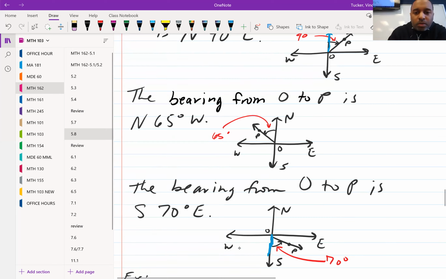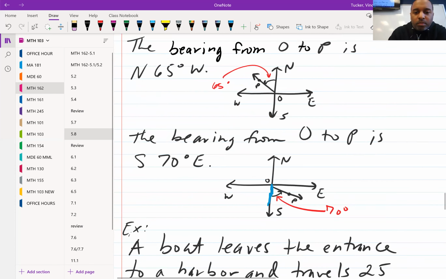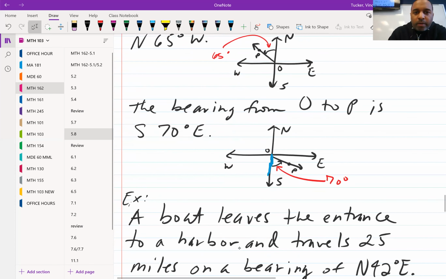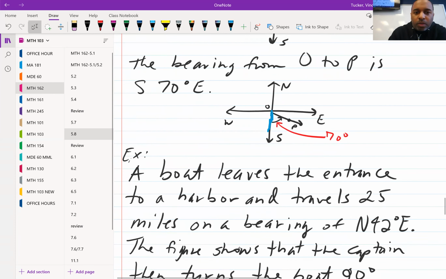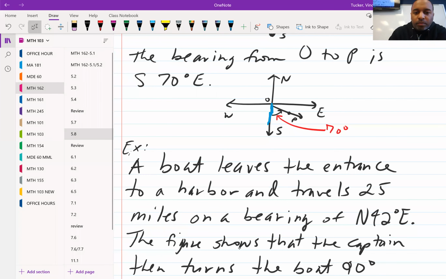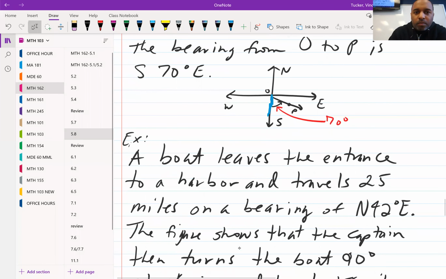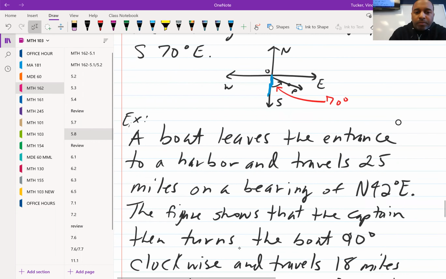All right, going to the problem that uses bearings. Let me know if I'm going up too far. Anybody still holding on to that last one on bearings? All right.